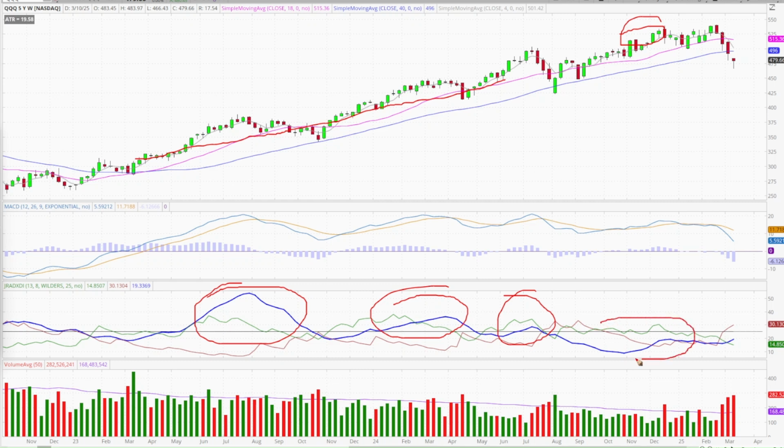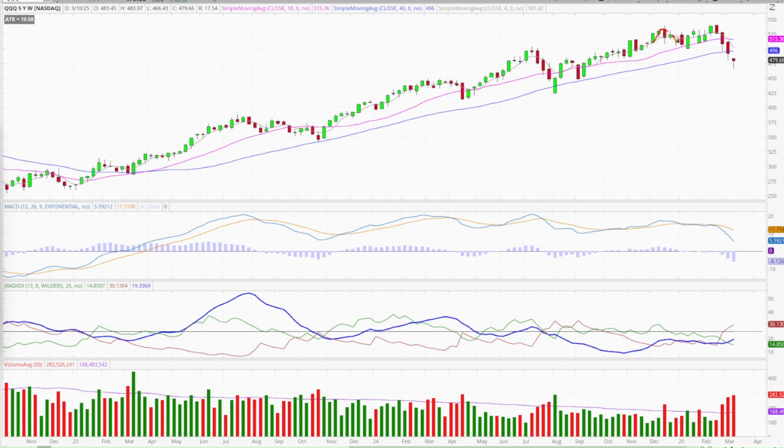We got no confirmation on an ADX basis. And then we made a peak in price and a peak in the ADX line, this blue line, which is the difference between the green line and the red line. How far apart these are determines whether this is rising or not. If this keeps growing and this keeps falling, then this line is going to be rising.